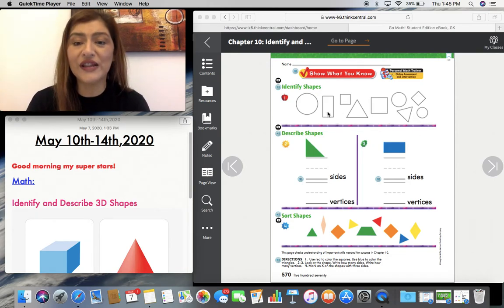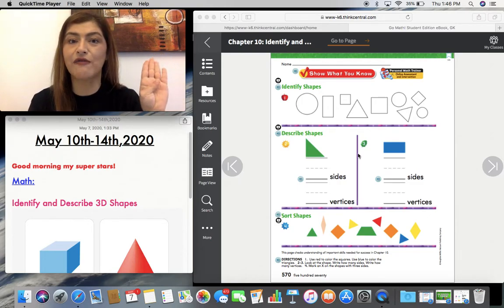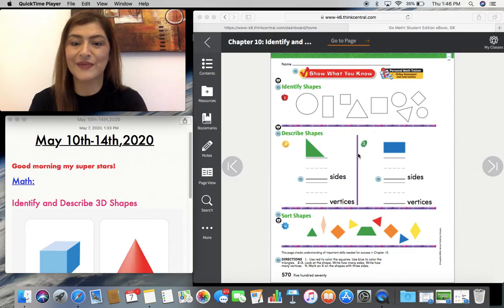What about this one? A rectangle. Very good. How many sides? 1, 2, 3, 4. How many vertices? 1, 2, 3, 4. What other shape has also 4 sides and 4 vertices?